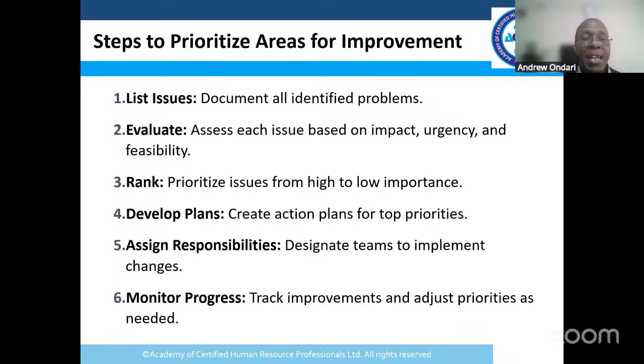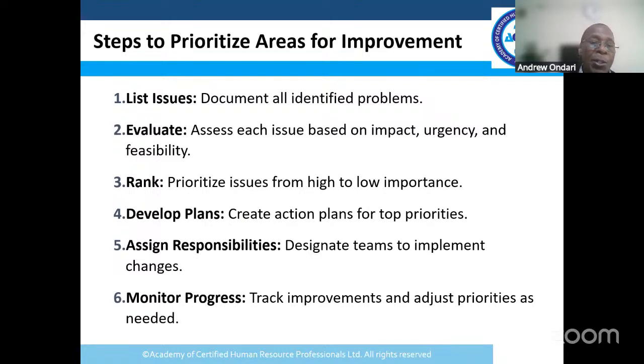The one that is ranked highly, maybe you can use a points rating where you give points. For example, 1 to 5, where 5 means very high and 1 very low. Those that are ranked highly based on impact and urgency, they are the ones now to prioritize.